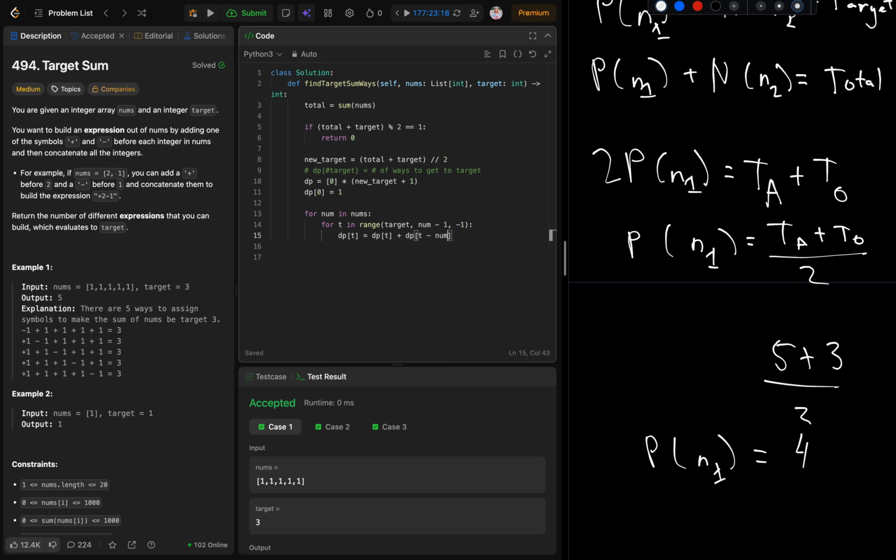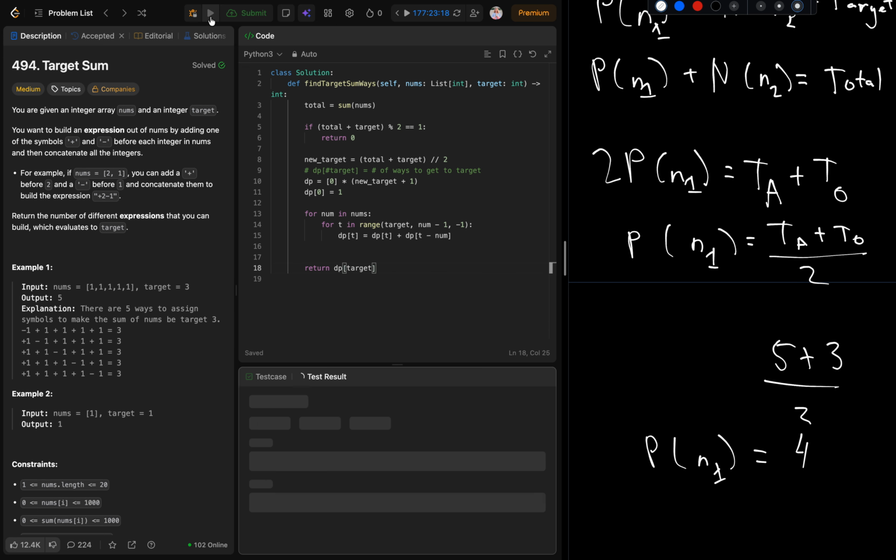Am I missing something? So the amount of ways is for this target plus the number of ways for this target minus num. And then we can just return dp of target. But this, I'm very not confident on.